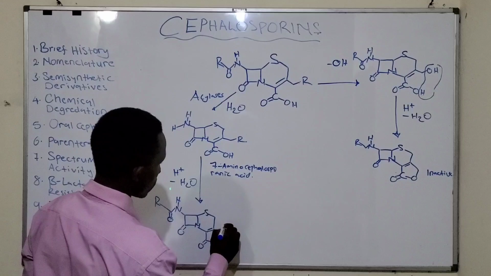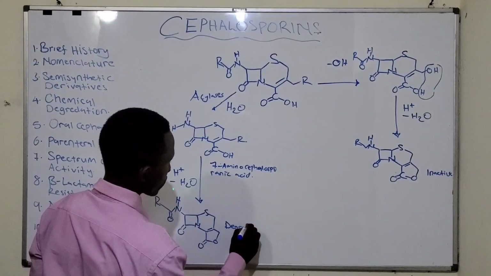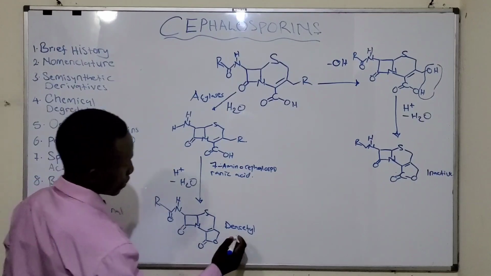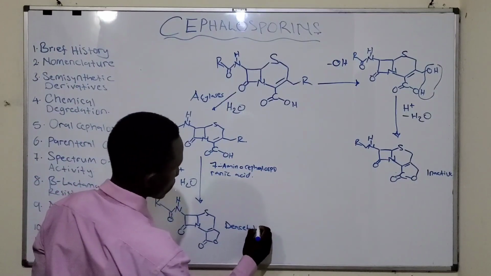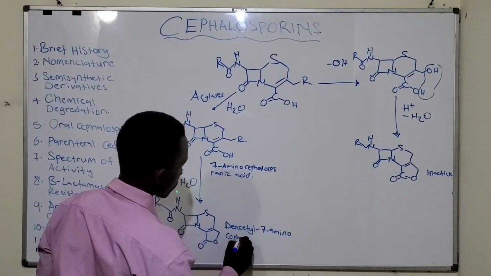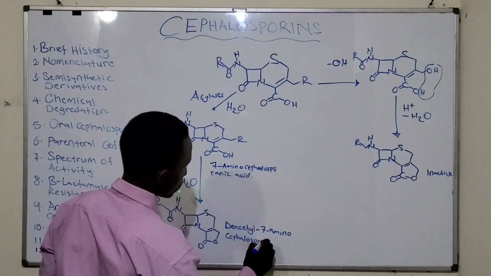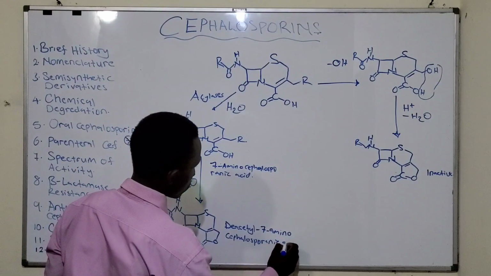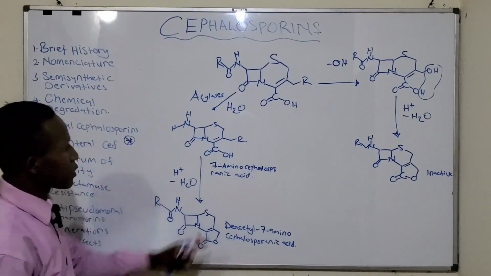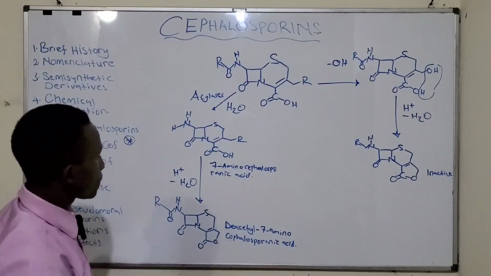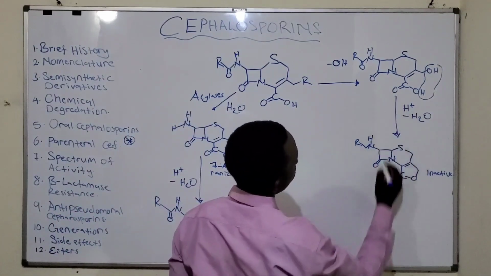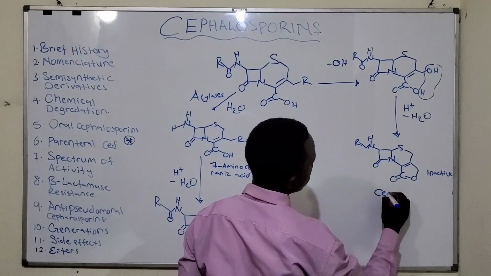This one is the acetyl. We have removed the acetyl group. Then it is the acetyl 7-amino cephalosporanic acid. So we have removed this group. So it is the acetyl. Then for this one, this one is cephalosporanic.